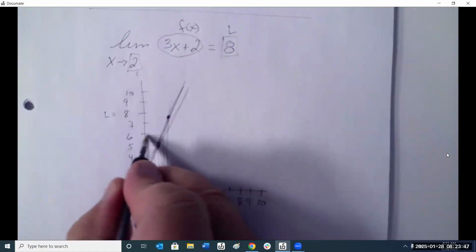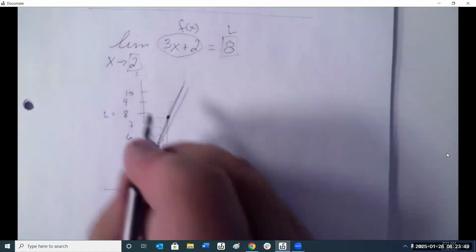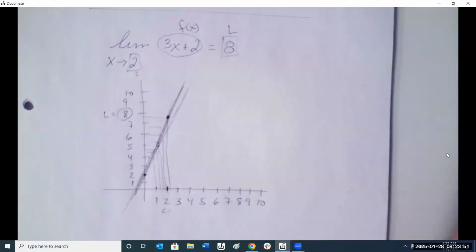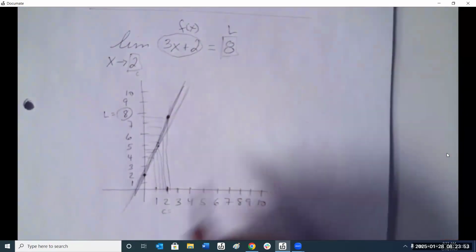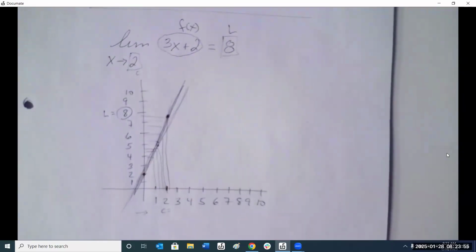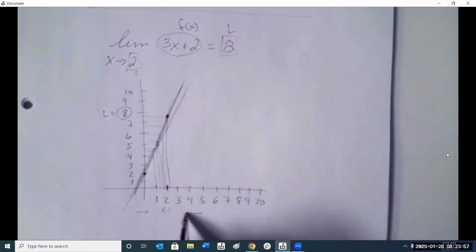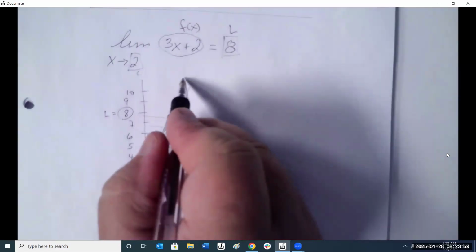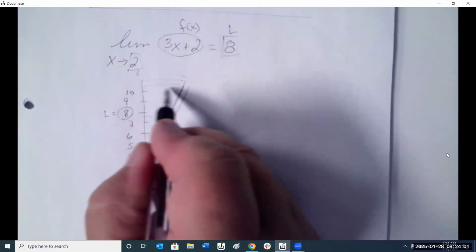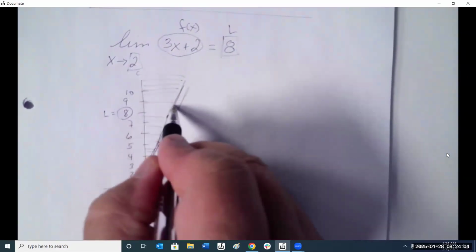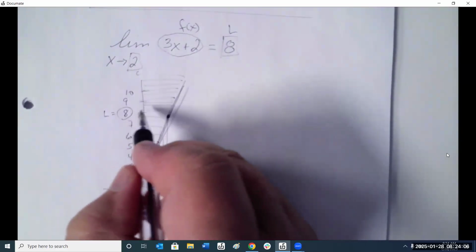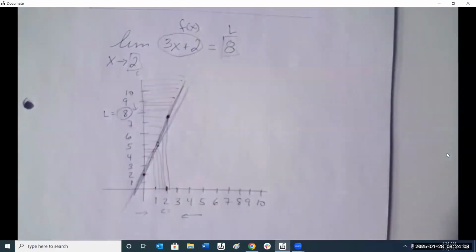As I get closer to it, it's getting closer and closer to my limit. That's from the left side. If I approach my c value from the right, what happens there? It's approaching what number again? It's approaching 8.